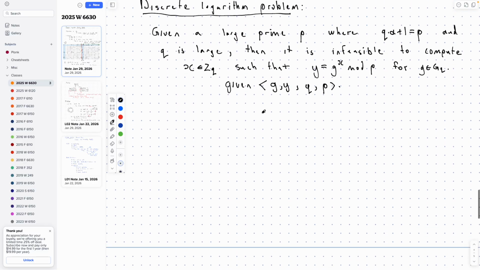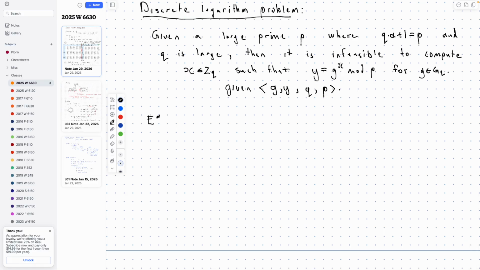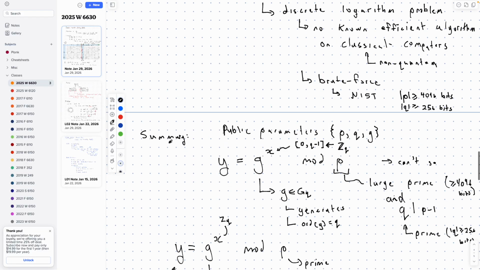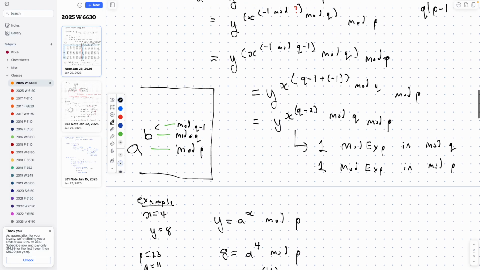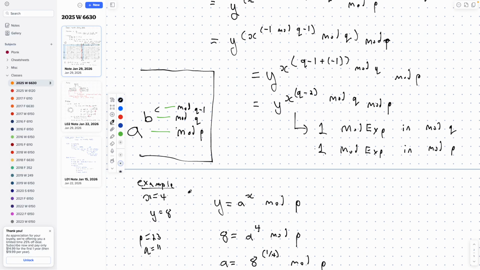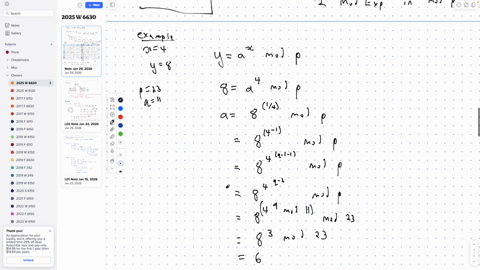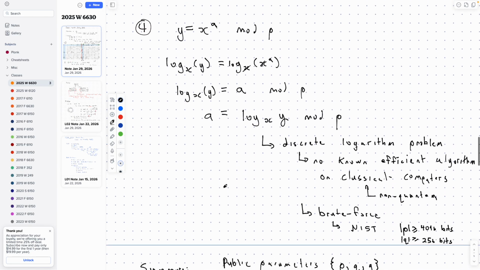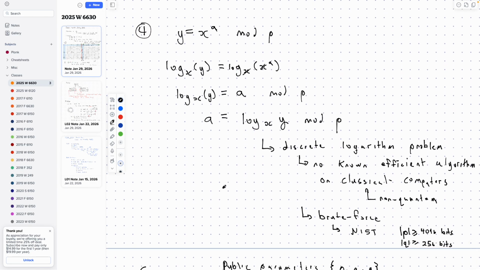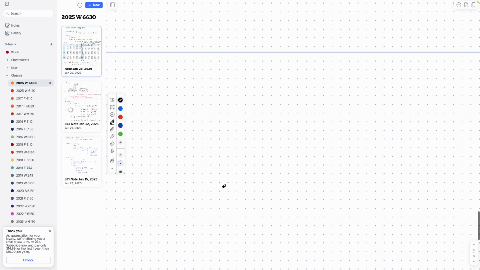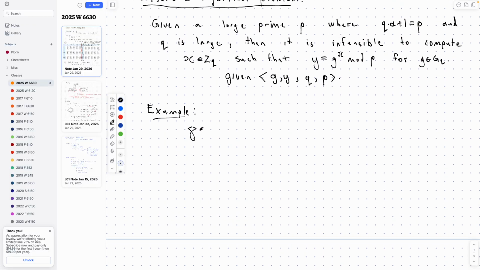Now let's do an example. Going back to this notation, 4 and 8. So 8 equals 4 to the power of what, mod P?